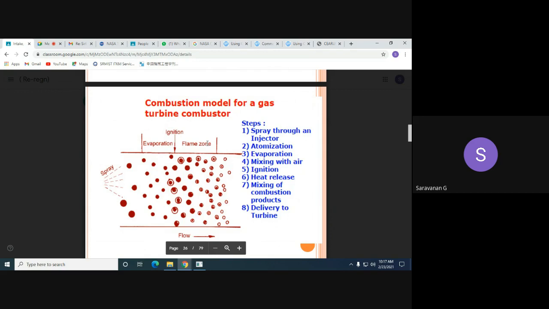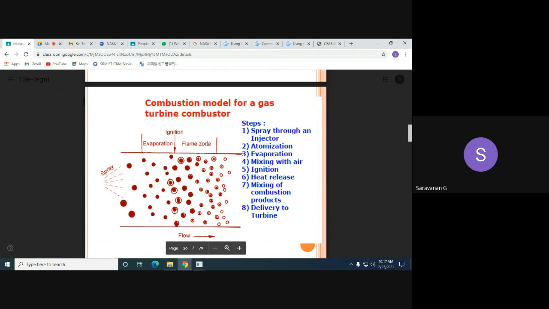So this is the model of the combustor and turbine in a gas turbine engine. The fuel droplets and air from the compressor are taken into the flow. Both mix or vaporize together, and after evaporation they can mix again.